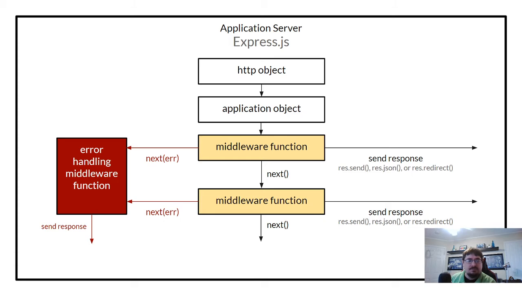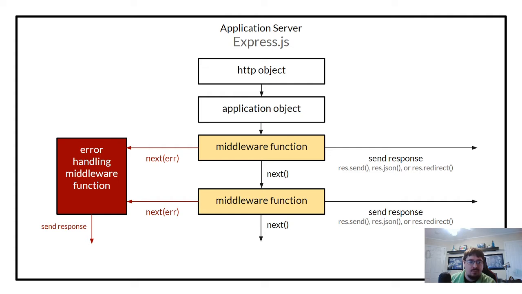Does that follow? Because if everything goes good, if we know how to answer the query, we don't call next. The last one in this chain is not going to call next because it's finished.